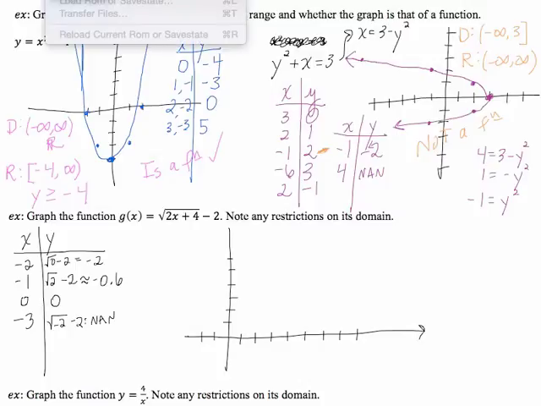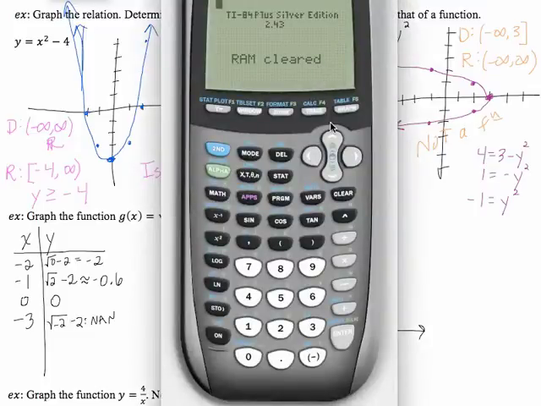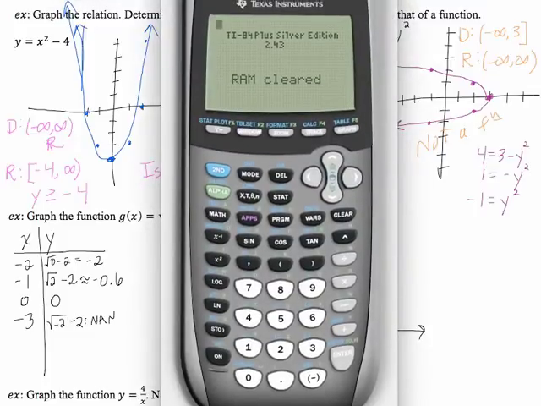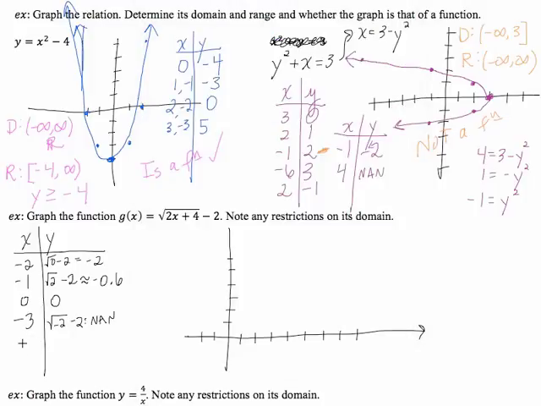Okay, let's get my calculator. Let's estimate some things real quick here. Let's just double check this one and see how close I was. So I'm going to do the square root of 2, close the parentheses, minus 2, gives me, yeah, it's close to negative 0.6. Okay, then I want to do at least one more here. Let's go with when x is 3. That would give me the square root of 10 minus 2.